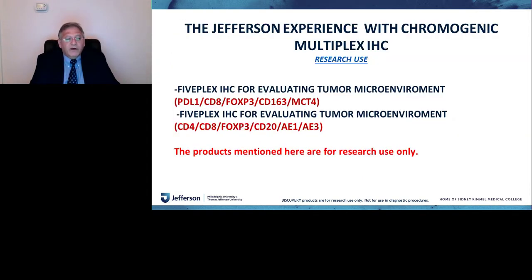Now, for research. Things are becoming more interesting, a little more complicated, more complex. We developed at Jefferson five different antibodies together, 5 different colors. The ones are PD-L1, CD8, FOXP3, CD163, and MCT4.